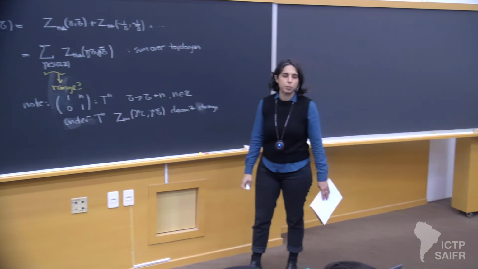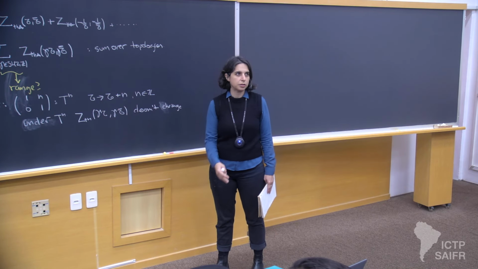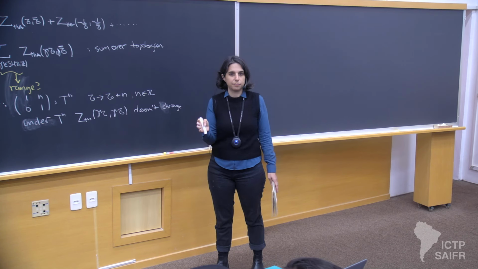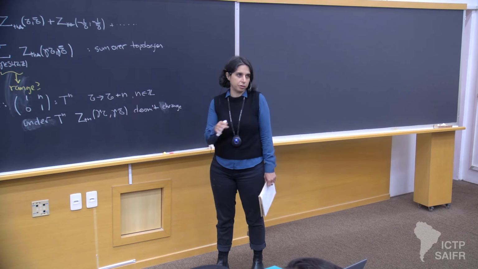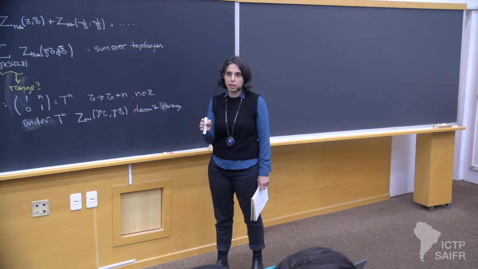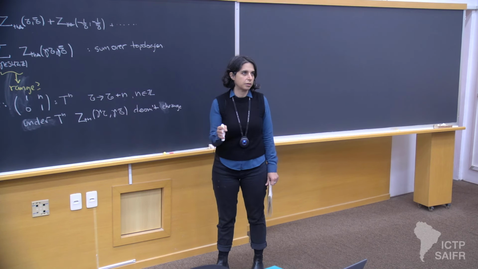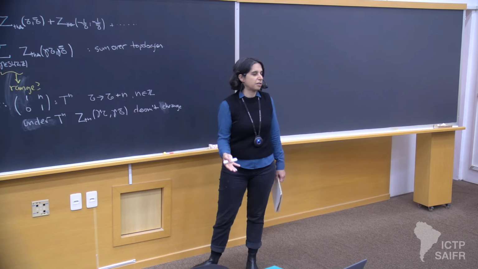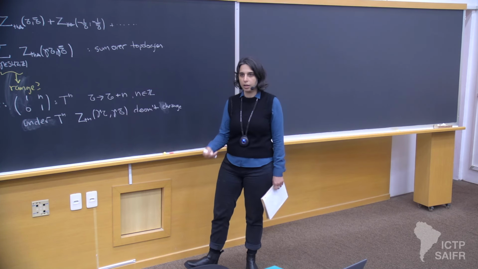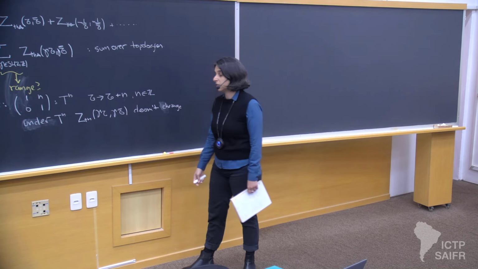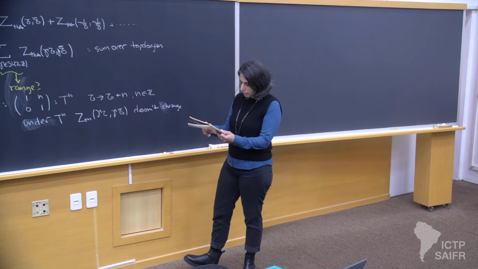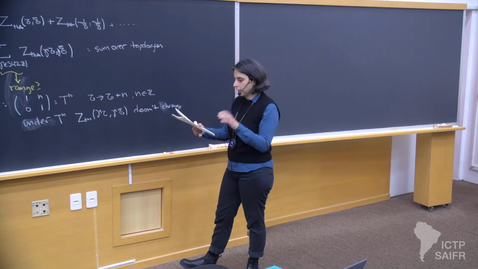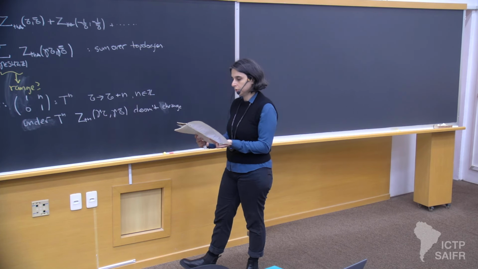You can view it from the point of view of computing the on-shell action: if you shift tau by n, it doesn't do anything. If you go back and compute the on-shell action with some tau that differs by n, the on-shell action is the same. So this is one of the elements of SL2 set that didn't give you anything. The thing that you're summing over here is basically a restricted group.